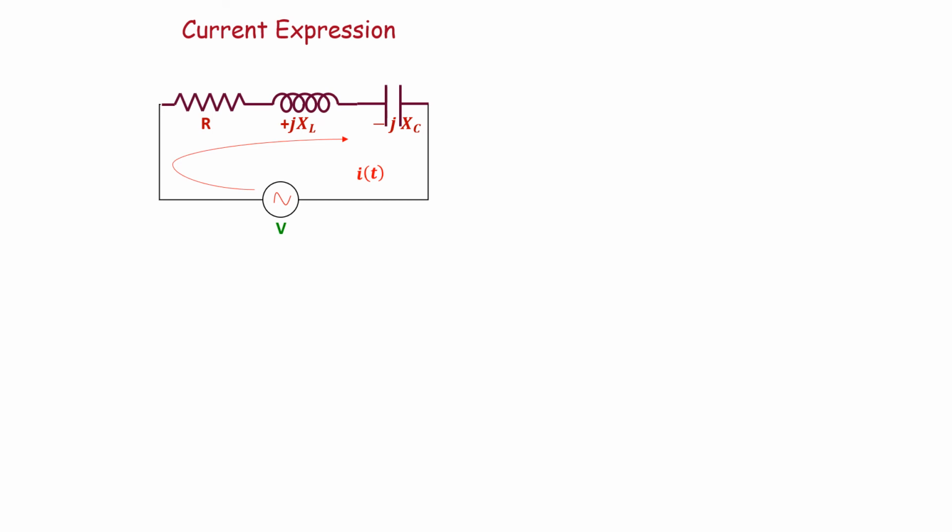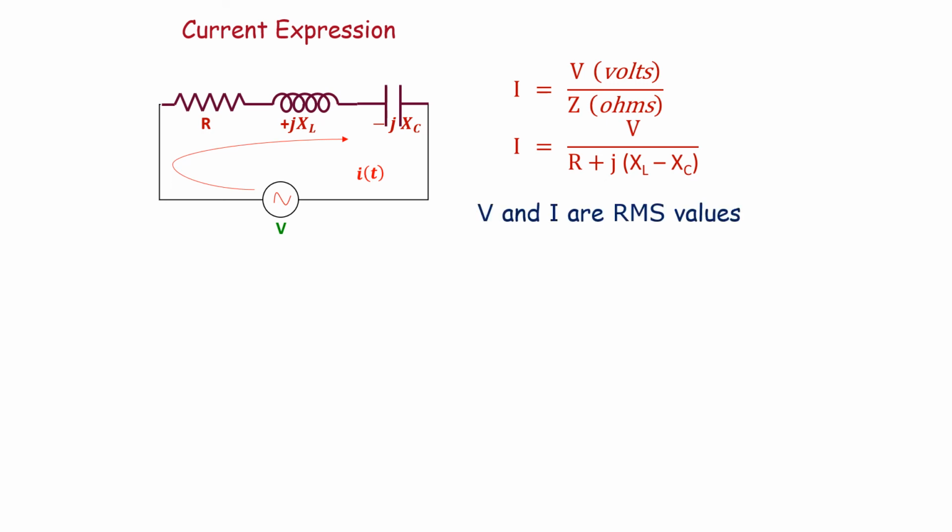The current flows in the loop, which will be I of t. The current expression in RMS value can be written as V by Z. Z is the impedance, which will be equal to R plus J into the total reactance. Here V and I are the RMS values.